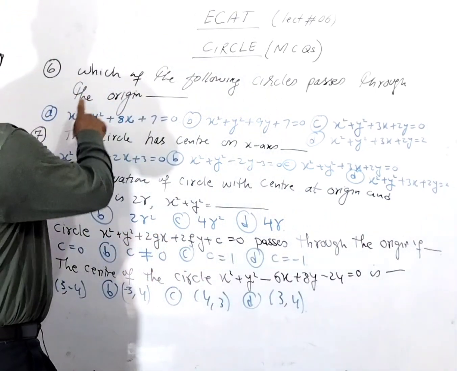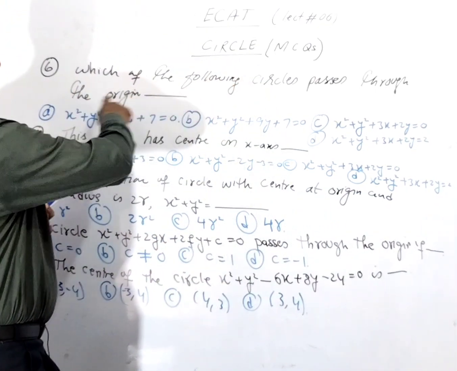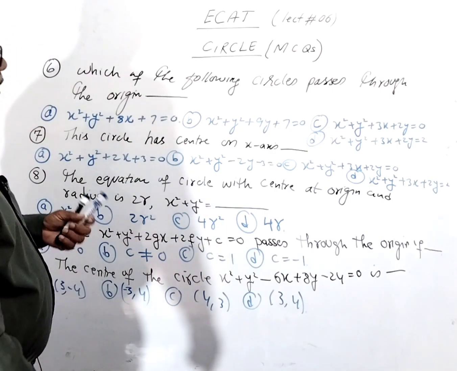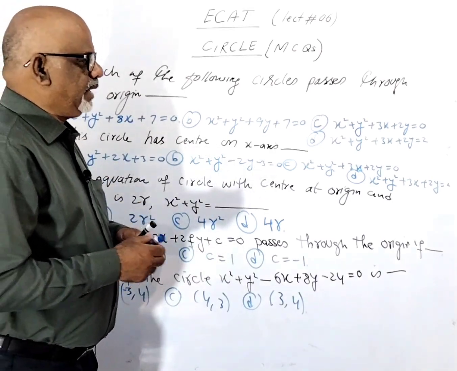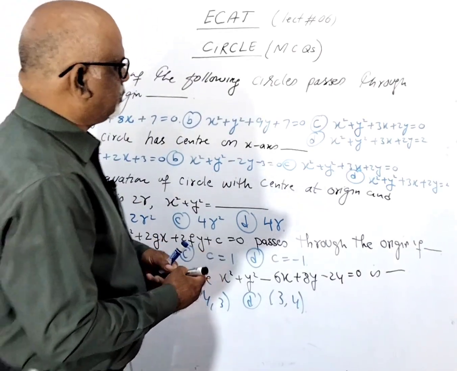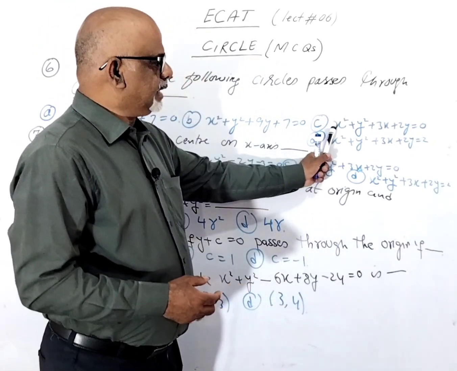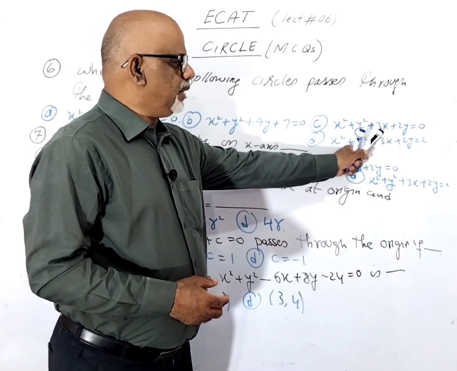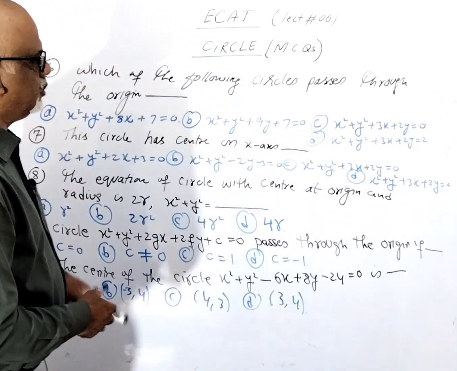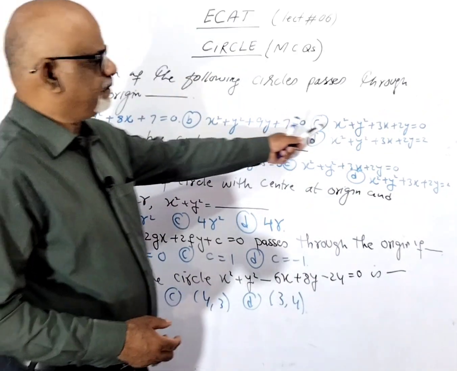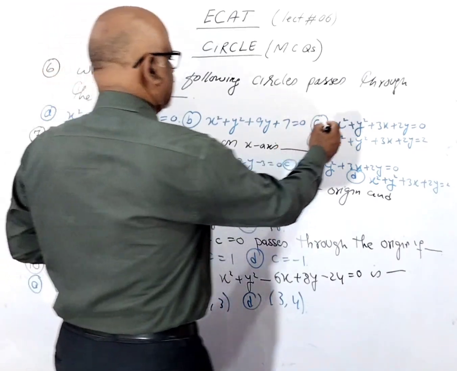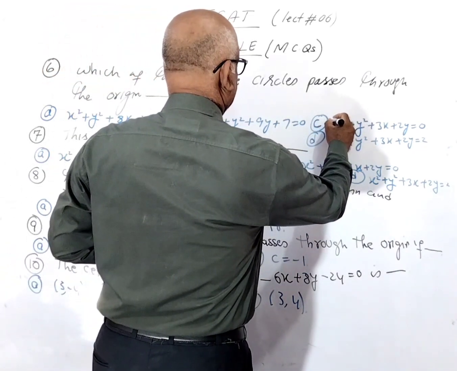If there is no constant term, that means it passes through the origin. So if we focus on the C part, x square plus y square plus 3x plus 2y equals 0, there is no constant here. That means this circle passes through the origin.